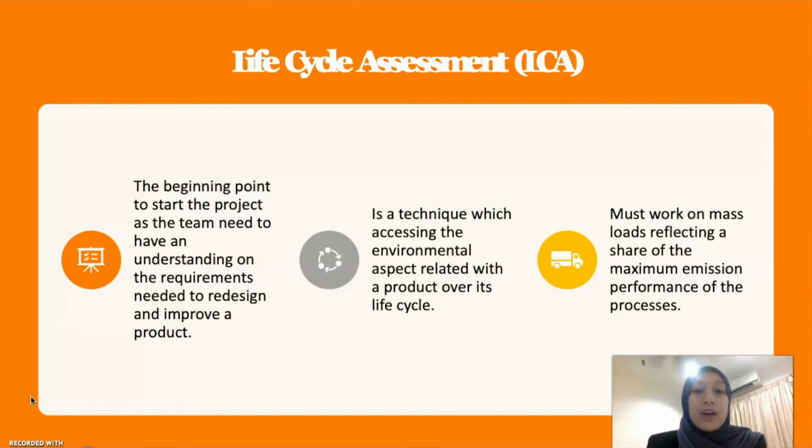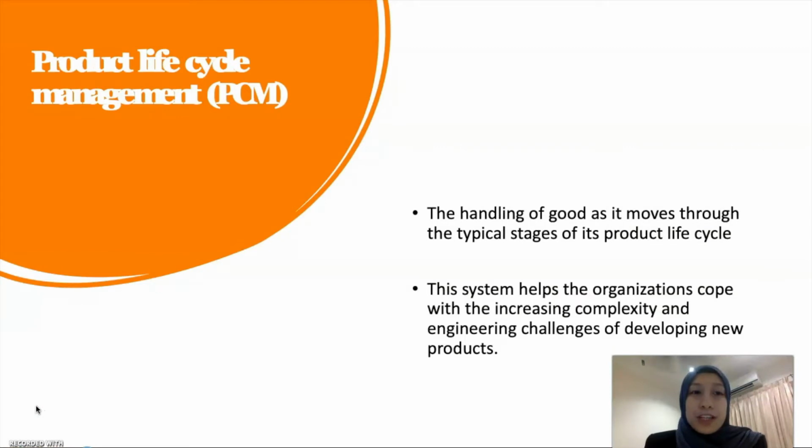Then, the work on the mass loads reflecting a share of the maximum emission performance of the processes. Next, we move to product lifecycle management, which is the handling of goods as they move through the typical stages of their product lifecycle. This system helps the organization cope with the increasing complexity and engineering challenges of developing new products.